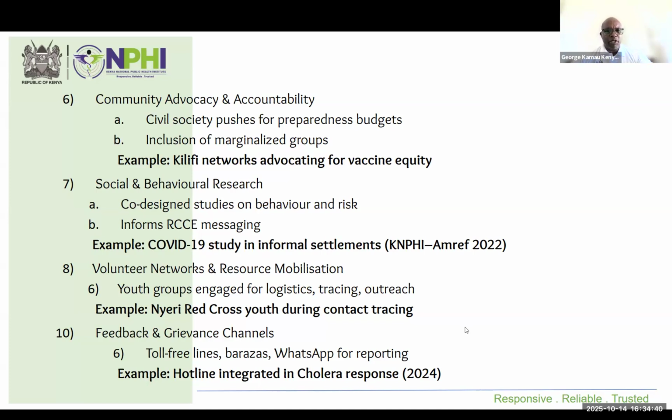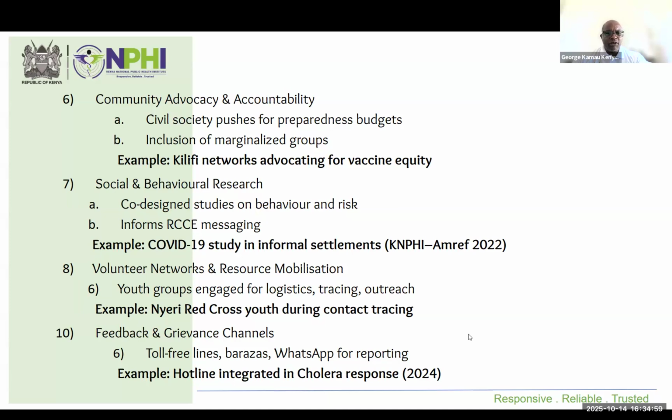Again, on social and behavioral change, we have core design studies on behavior and risk, which inform RCCE messaging. So we are able to give targeted messages depending on the need. A case example was the COVID-19 study in informal settings, which was done between NPHI and AMREF in 2022.